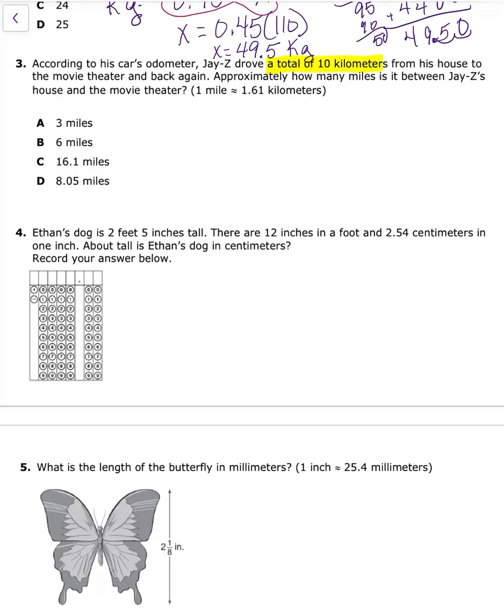Okay, so he drove a total of 10 kilometers from his house to the movie theater and back. Approximately how many miles is it between Jay-Z's house and the movie theater? If this is his house and this is the movies, the odometer said there and back was 10 miles.